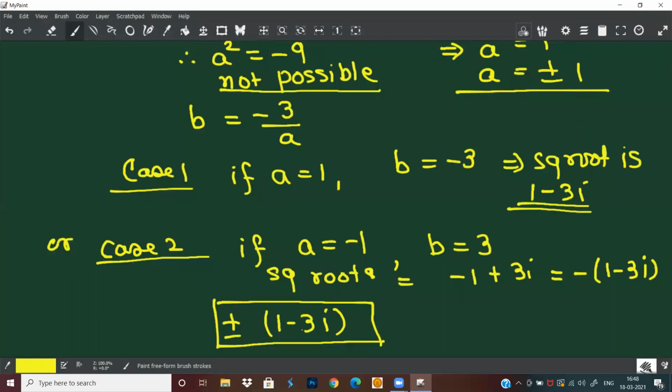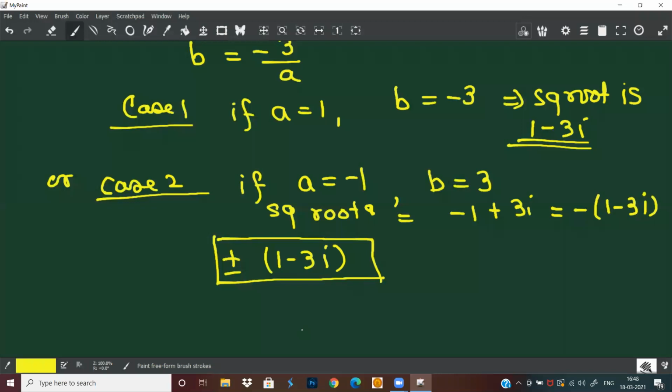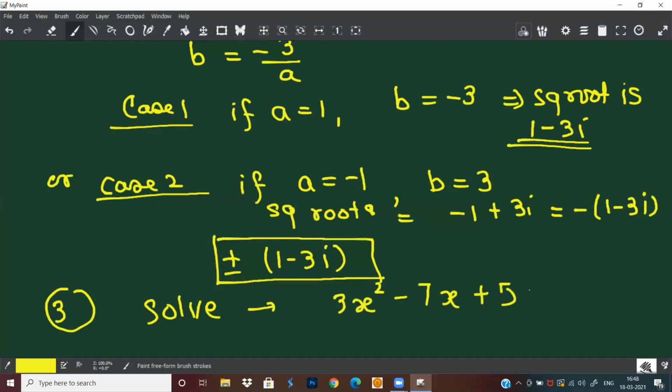Yes. Okay, thank you. Now I will be giving you sum number 3. Solve the quadratic equation 3x squared minus 7x plus 5 is equal to 0.